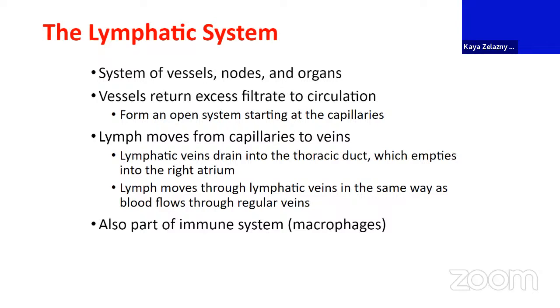So it's basically mixing in with all that deoxygenated blood. So we've returned the fluid to that same place, the right atrium. Lymph basically moves through the lymphatic vessels, right? So the tubes running back towards the heart, the same way as blood flows through regular veins. So we're not going to concentrate on them specifically in any way.